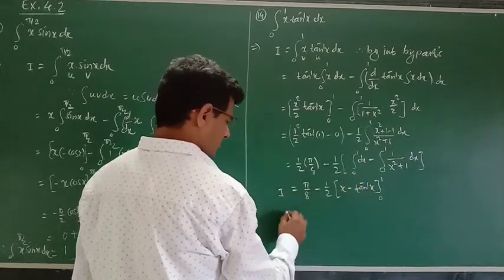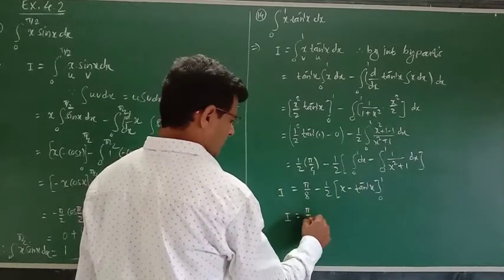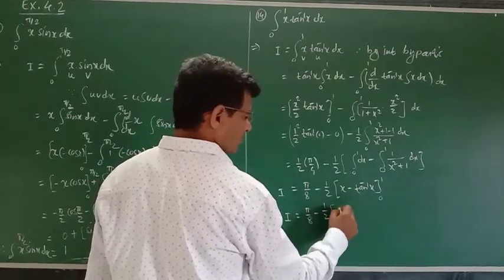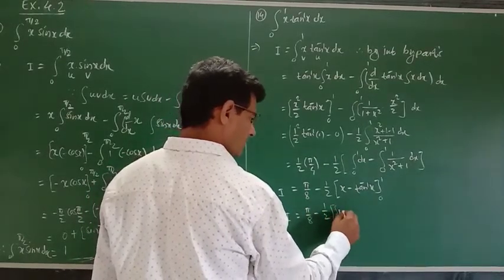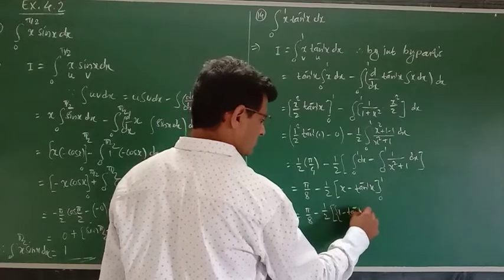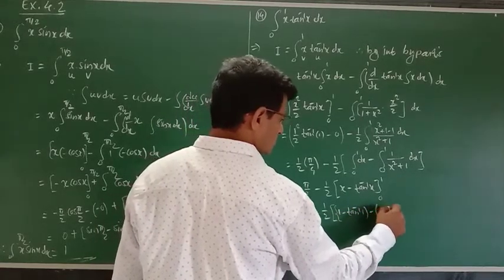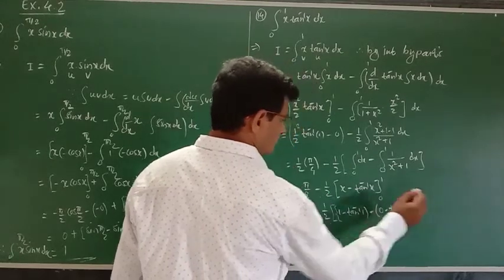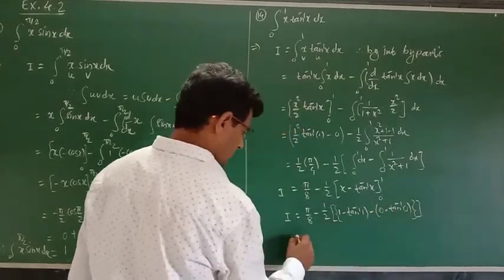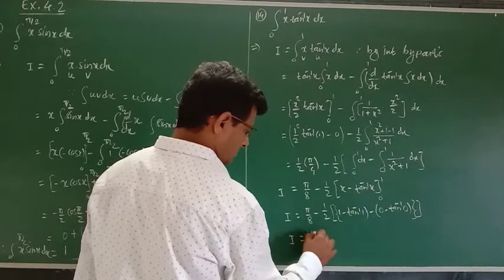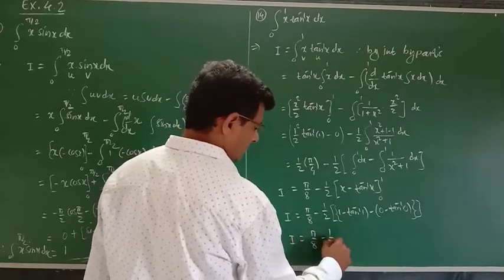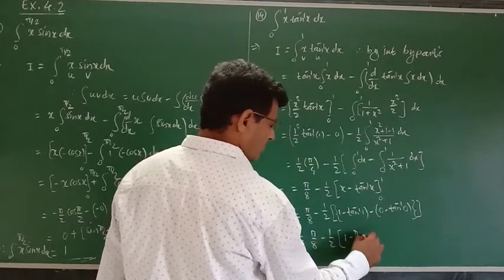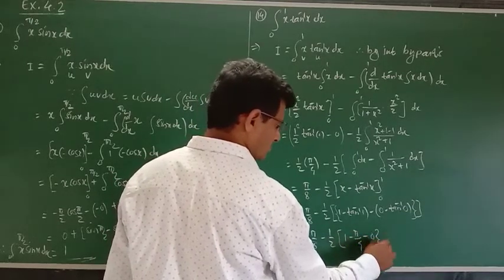So by putting the upper and lower limit, what I get? I is equal to pi by 8 minus 1 half, 1 upper limit minus tan inverse 1, minus 0 minus tan inverse of 0. Okay, so what it will be? I is equal to pi by 8 minus 1 half, 1 minus pi by 4 minus 0.